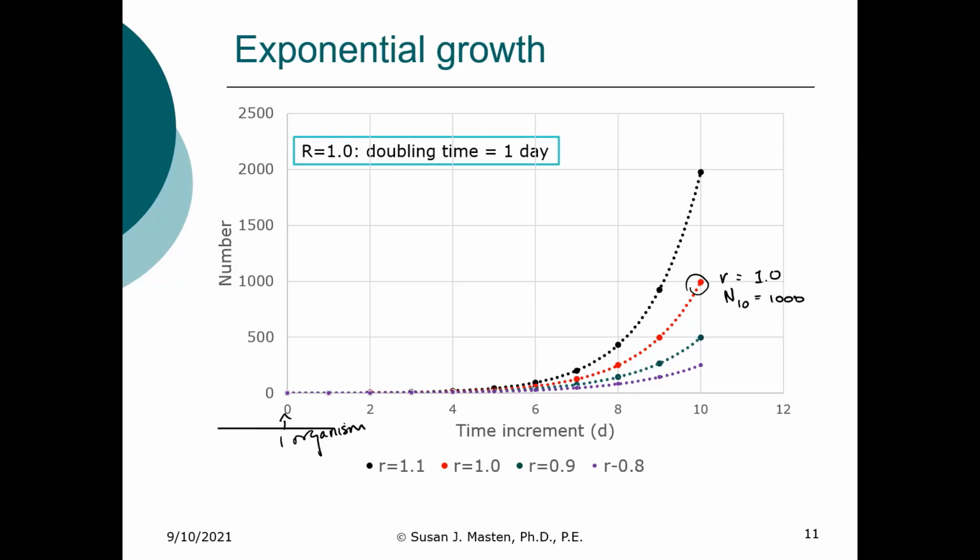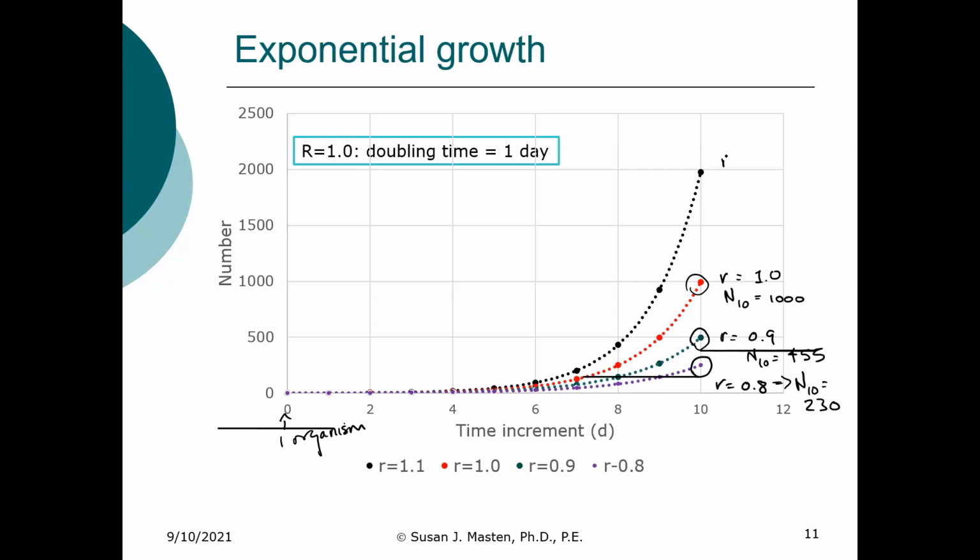If R is equal to 0.9, then after 10 days, we have 455 organisms. If R is equal to 0.8, after 10 days, we have 230 organisms.